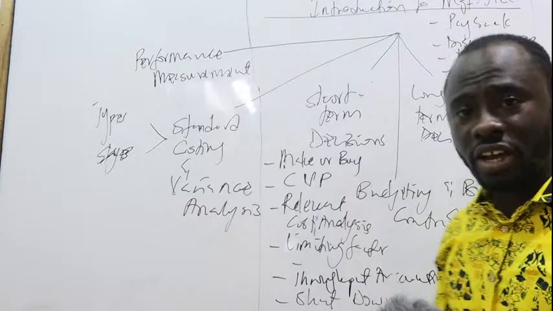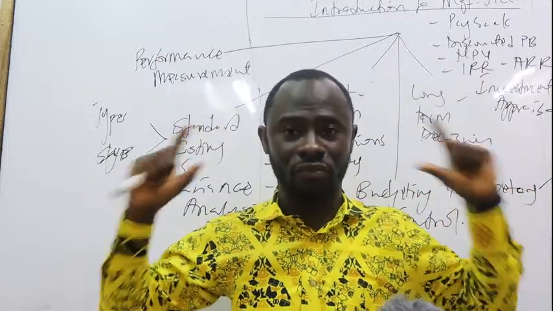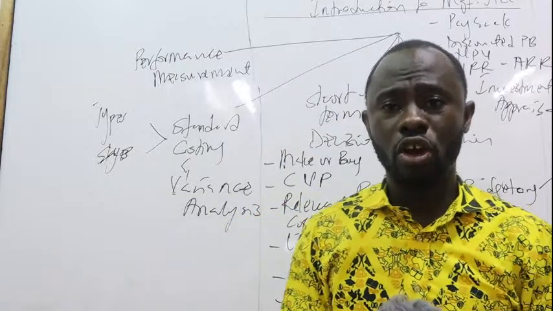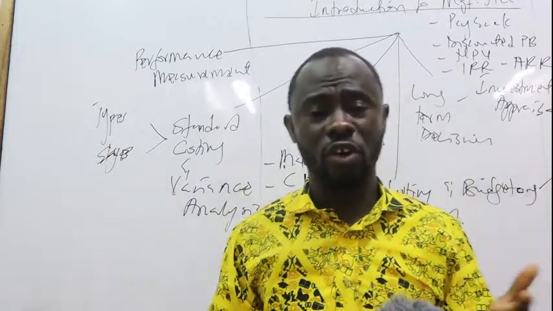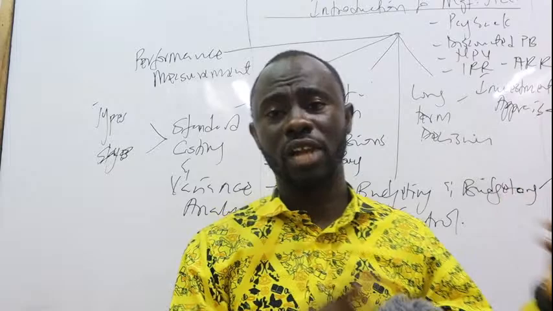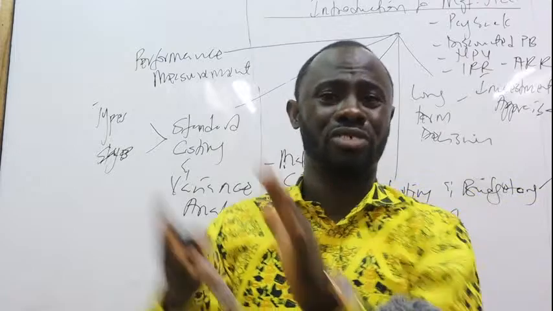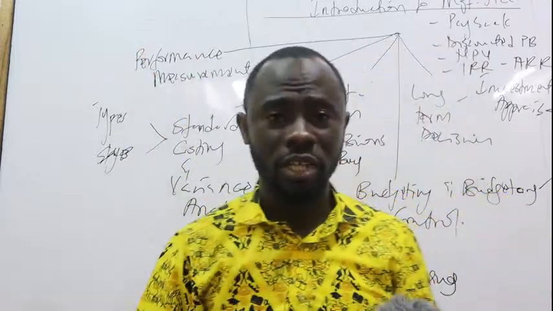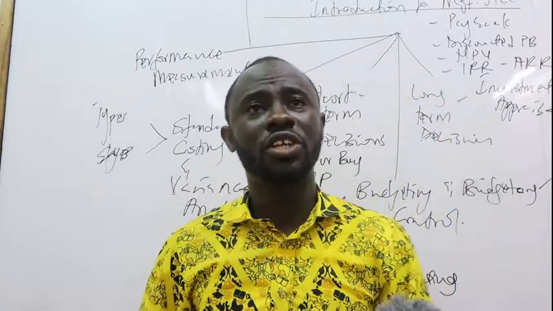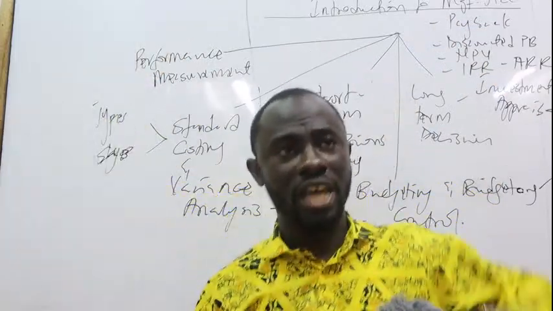Then the final aspect of the syllabus is the issue in relation to performance measurement. This is quite a bulky area because there are a lot of things you're going to be talking about: how you can assess the performance of organizations using various models like Kaplan and Norton's balanced scorecard, or using Fitzgerald and Moon's building block to assess the performance of the organization, dealing with issues about divisionalization, assessing divisions' performance using return on capital employed, return on investment, residual income.